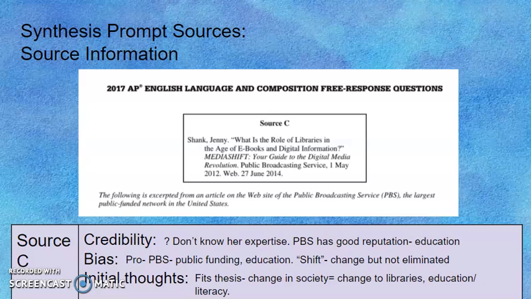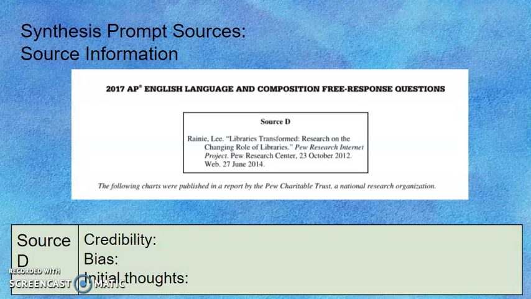So it seems like they're going to be for the position, yes, libraries still do have a role. So I think if it's my thesis, it's going to be about change in society and how that change in society equals a change to libraries. And I think there's also going to be a lot about education and literacy in here, because that typically is PBS's focus.